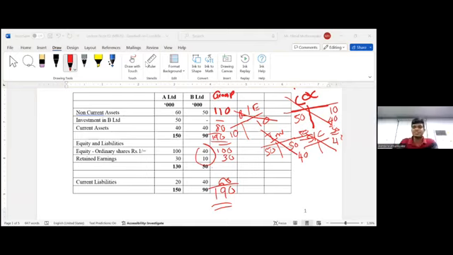Any other questions? All clear? Yes or no? So if the investment is not equal to the retained earnings and share capital, that will come. I will come to that point, right? Wait.